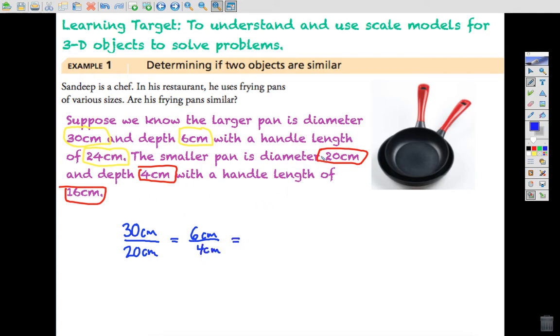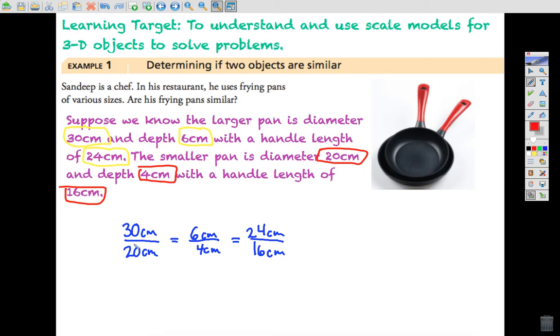And we want to see if that is the same as comparing a handle length of 24 centimeters to a handle length of 16 centimeters. So I want to check, are these proportions actually the same?